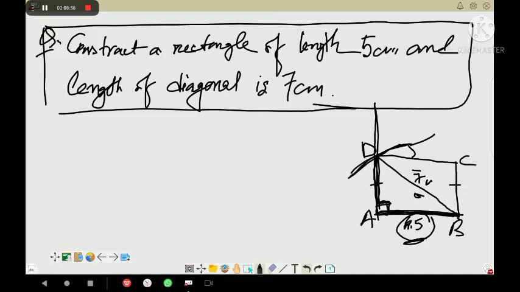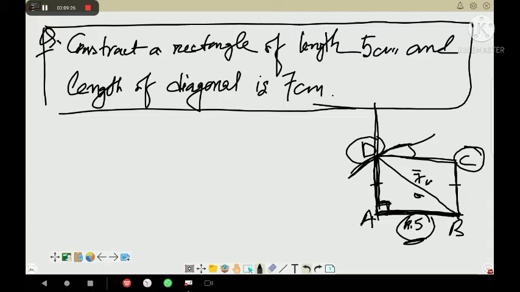In this way we can easily find the point D, and we can also find this point C, because we know that AB equals DC and AD equals BC.